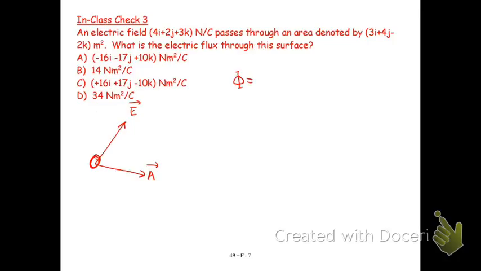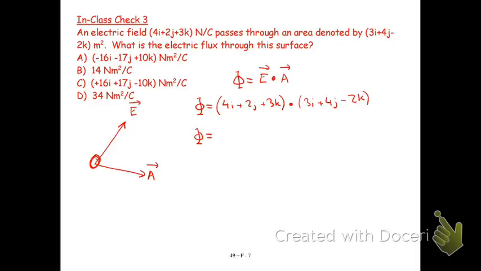Flux is equal to E dotted with A. My E is 4i plus 2j plus 3k, dotted with my A, which is 3i plus 4j minus 2k.